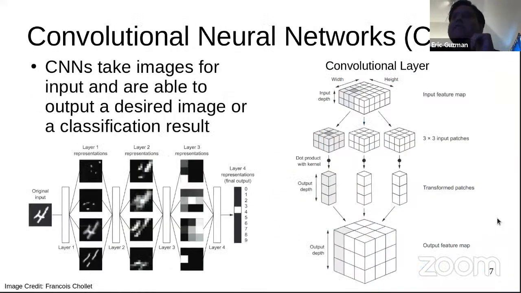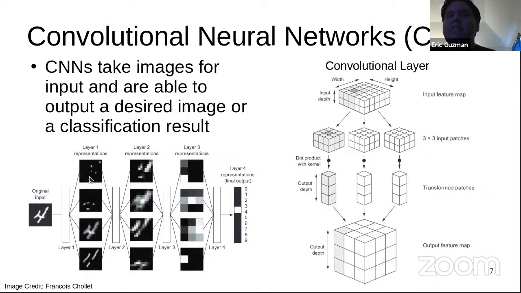And so ResUnet CMB is a convolutional neural network. Convolutional neural networks take images for input and are able to output a desired image or a classification result. A simple toy example that's very common is digit identification, where you input an image and it goes through these blocks, which are convolutional layers.